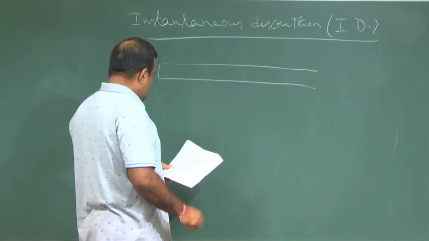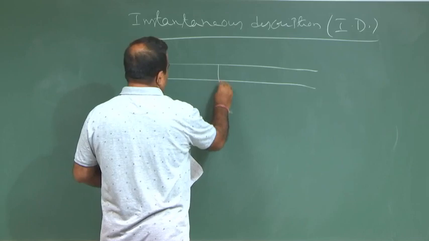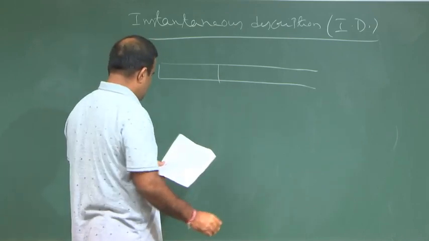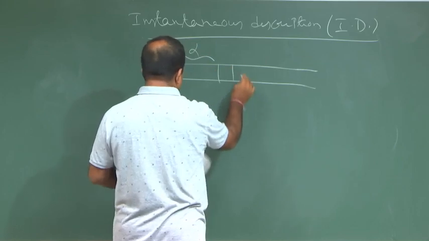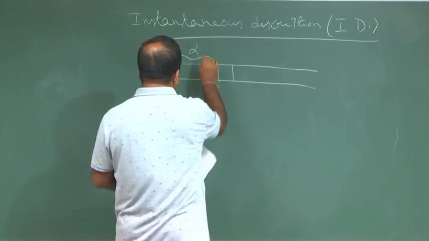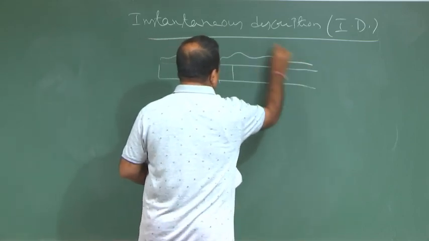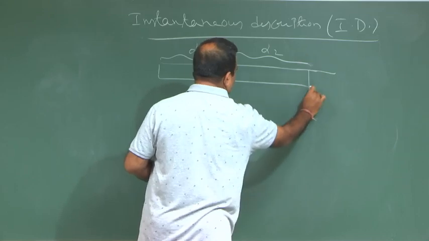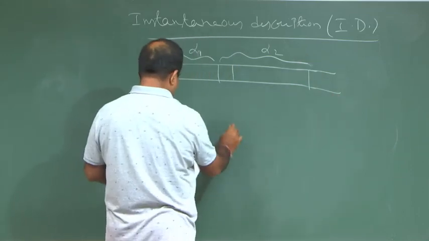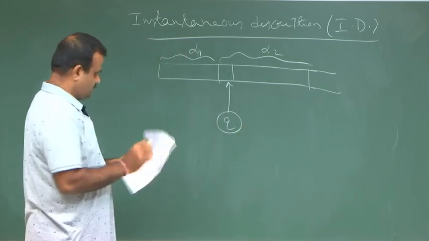So suppose we have a situation like this: some alpha, where alpha 1 we have already read, and alpha 2 we are going to read, and here we are pointing.